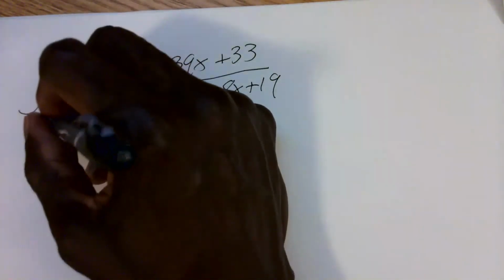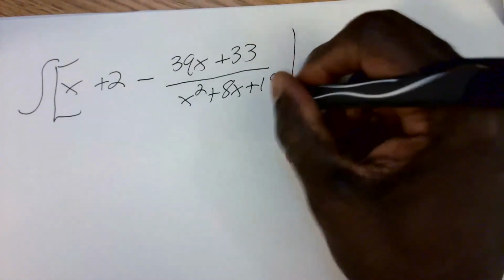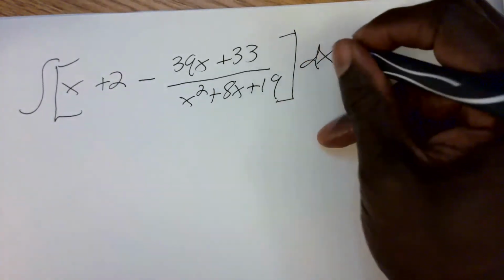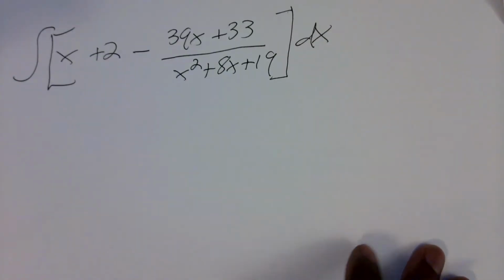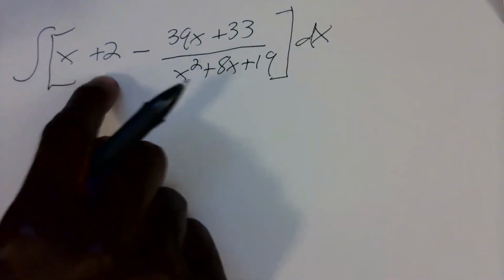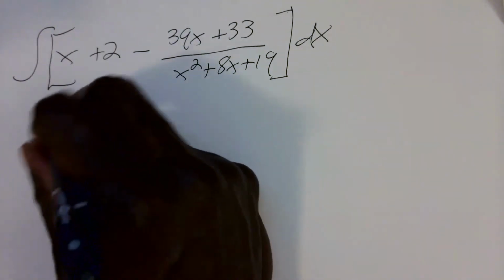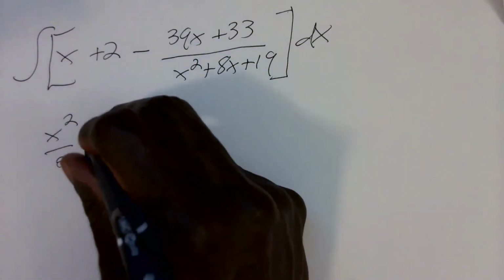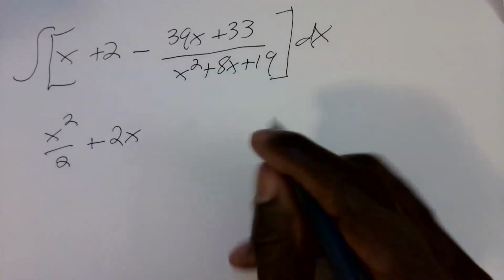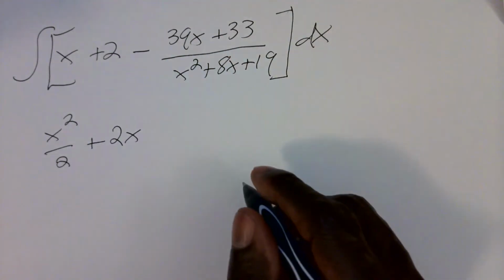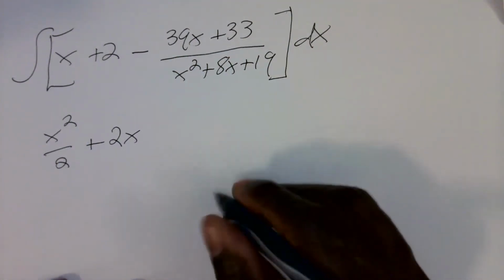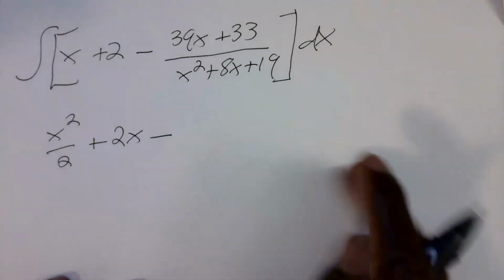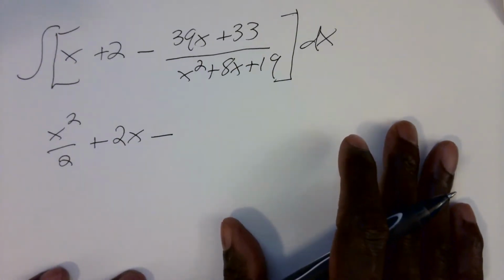All right, let's do this junk. And so we'll think of it as two integrals, and we'll go ahead and already just integrate this one. And this will be x squared over 2 plus 2x. All right, so now let's play around with this one. There's a minus sign here.